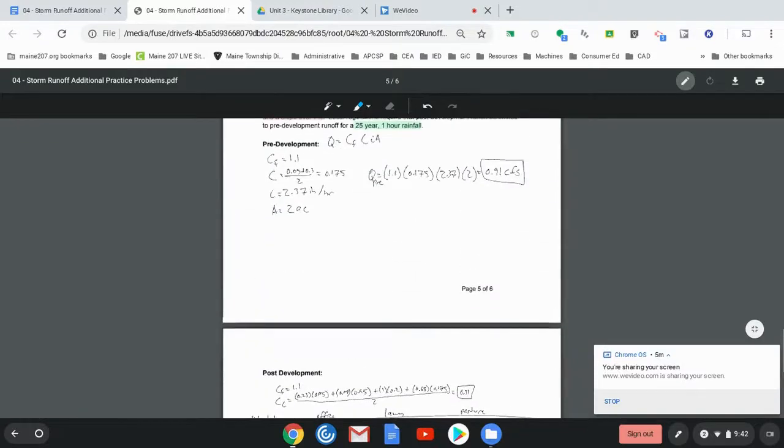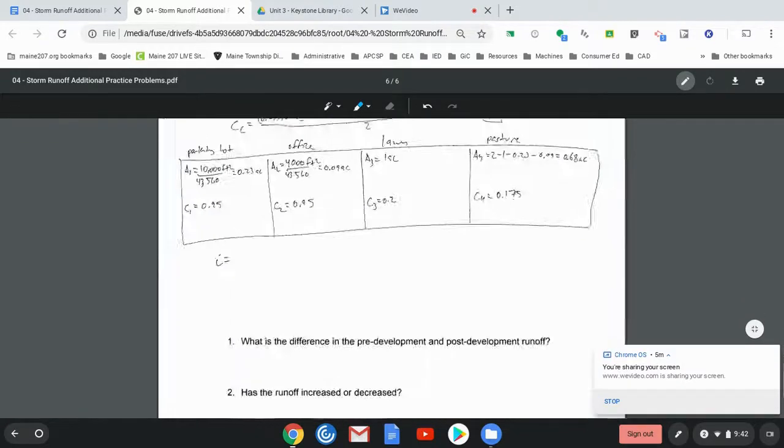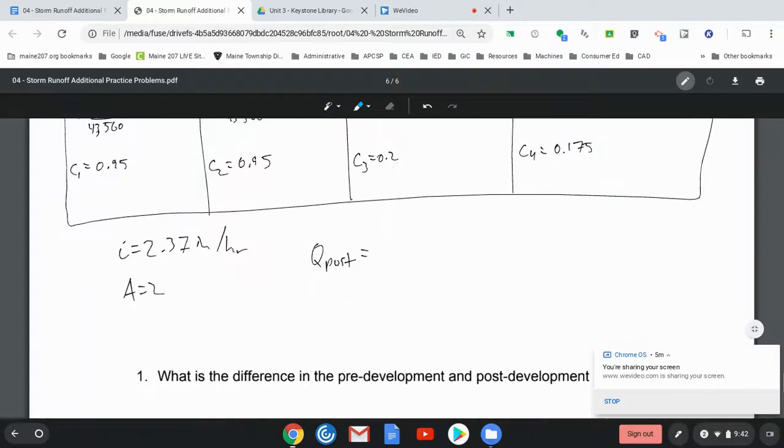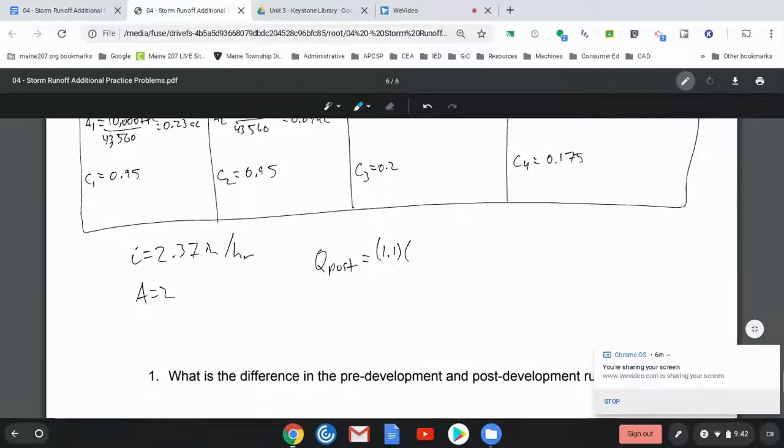Let's double check, I was 2.37 inches per hour, and the total area is still 2. So the post-development runoff is C sub F, which is 1.1, times the composite C, which is 0.31, times 2.37 times 2. You multiply that out, you should get 1.62 cubic feet per second.